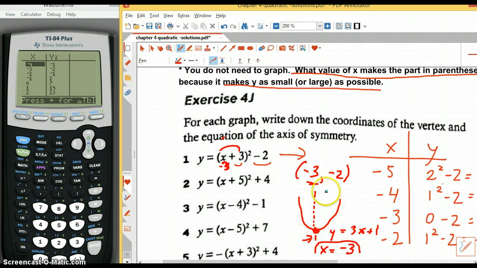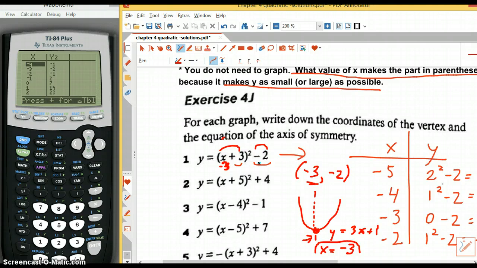Now, getting back to what I said before, when you put it in the special form, which is a squared, with x plus or minus a certain number, and then an extra number out on the end, this makes it so that you can figure out the vertex just by looking at it.